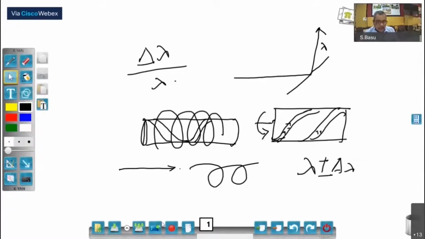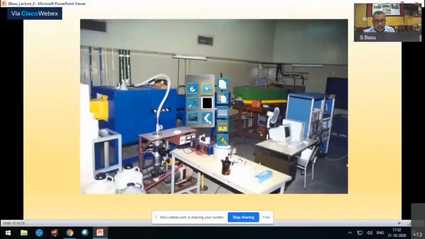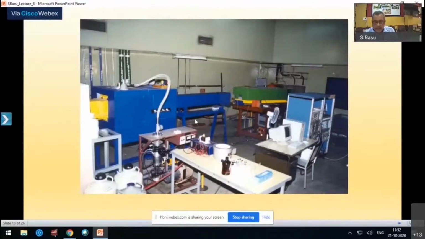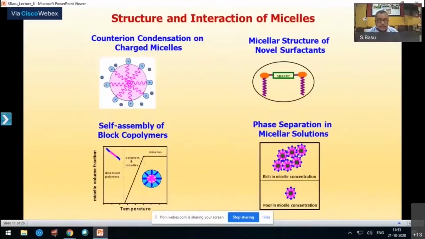So this is an instrument which has a velocity selector, and this instrument is dedicated to understanding mesoscopic length scale structure.